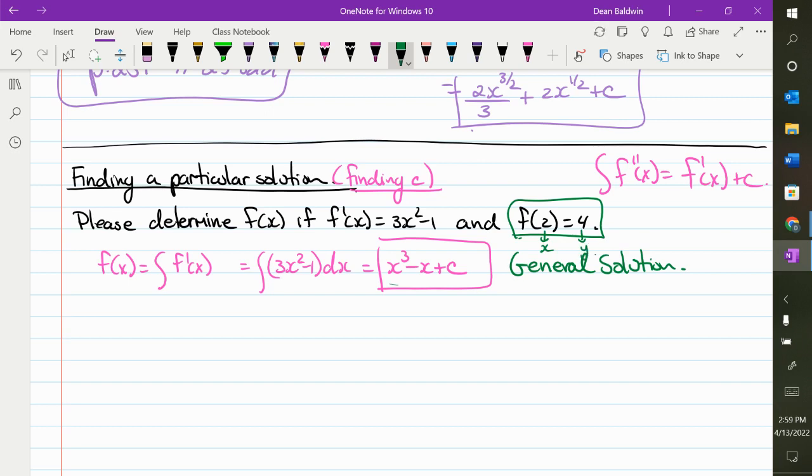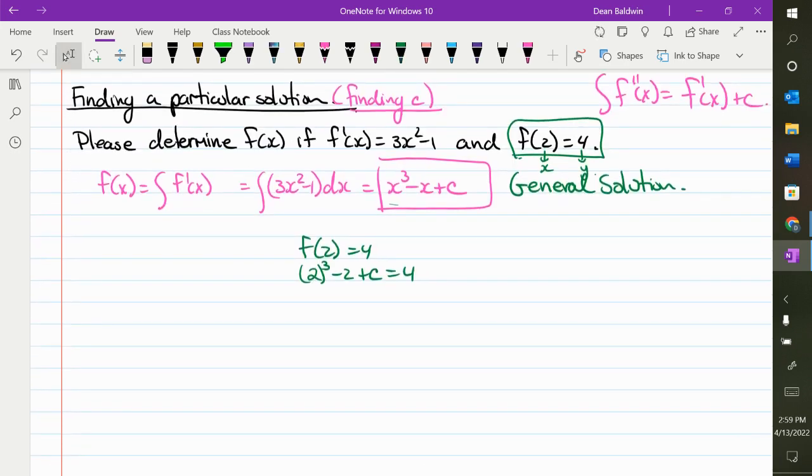So I take my general solution and I say, well, if f of 2 is equal to 4, I put 2 in for all my x's. So 2 cubed minus 2 plus c equals 4. And then you solve for c. 8 minus 2 plus c is equal to 4. 6 plus c is equal to 4.